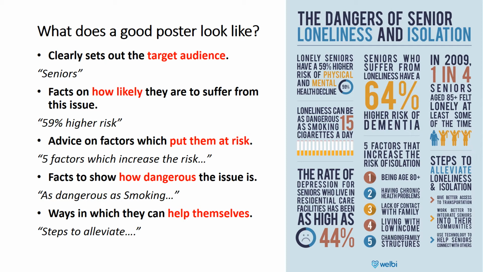It's going to think about things that put them at risk. You can see on here there's a section, 5 factors that put you at risk, and they might look at that and think, oh, I'm over 80, oh no, I've got chronic health problems. So they start to think this poster is aimed at me and I am doing things that are bad for me. So have a look at your poster. Did you do anything like that?